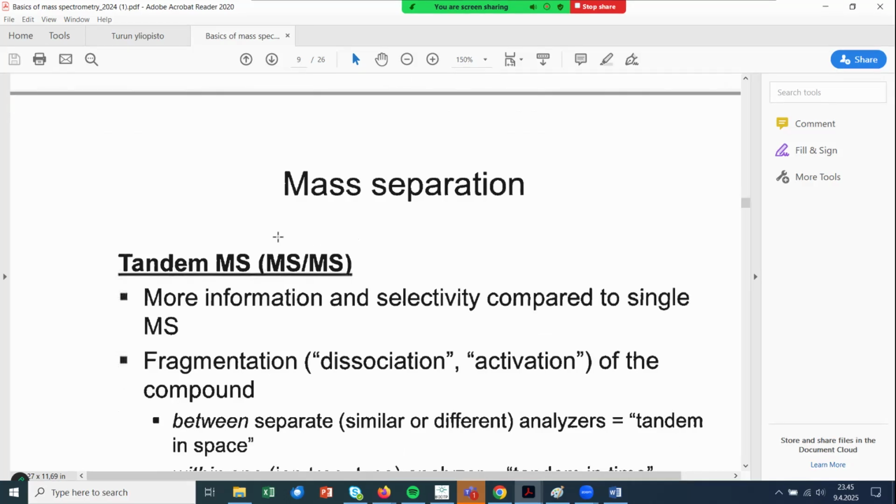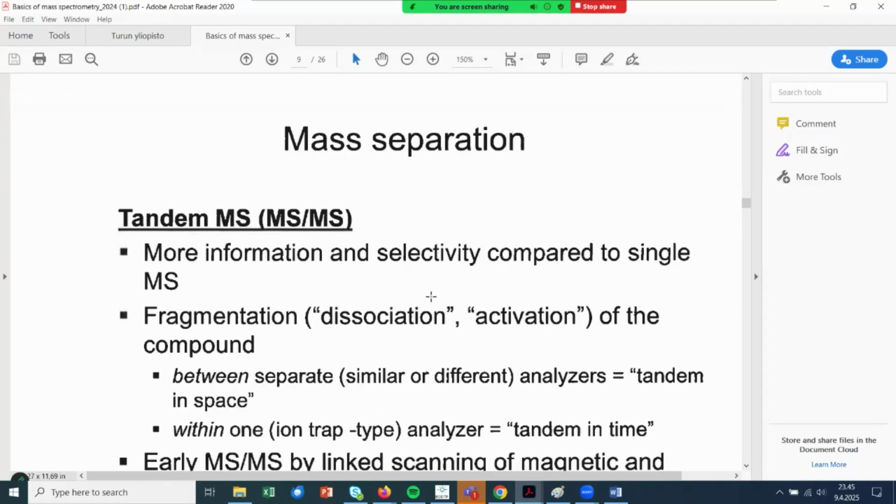What we usually do in tandem MS is fragment the molecular ion. Why would we be interested in fragmenting it? To be more certain that the molecule is what we think it is.